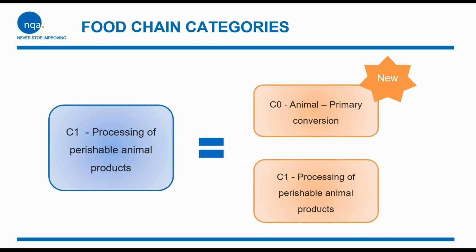So existing scopes for C1 that included the slaughter or the rearing of the animals now come under C0.